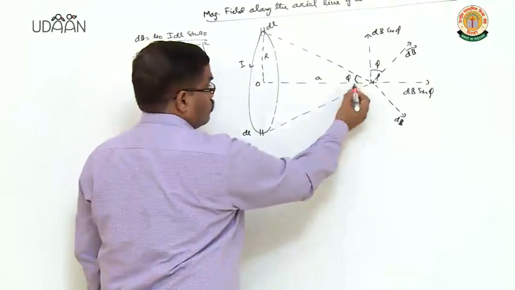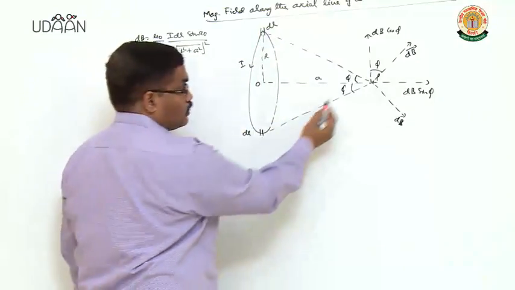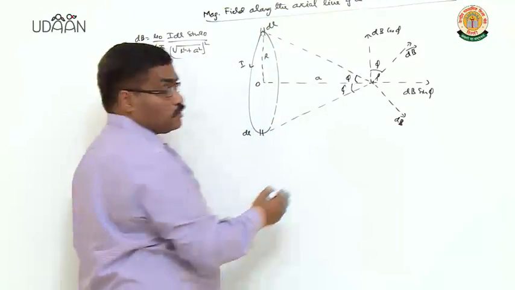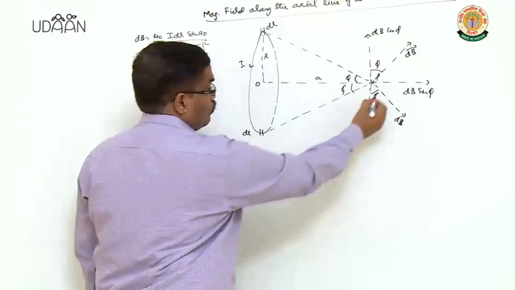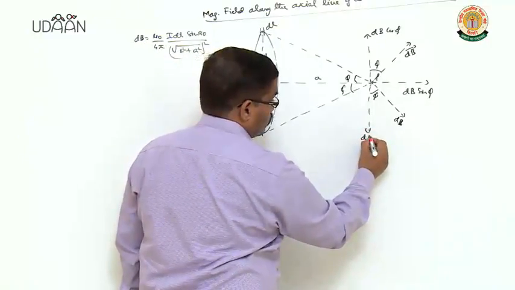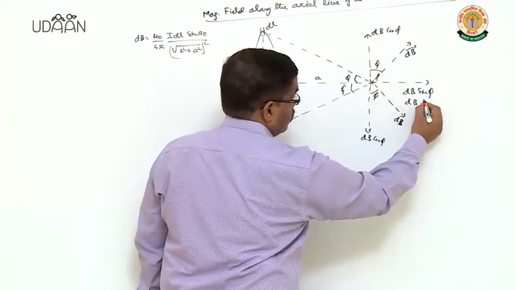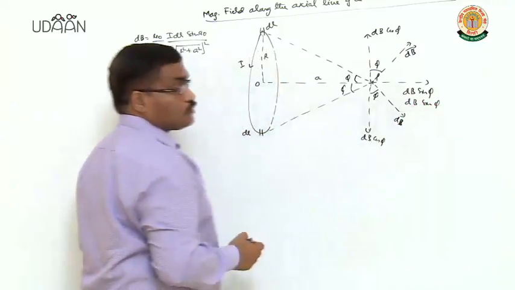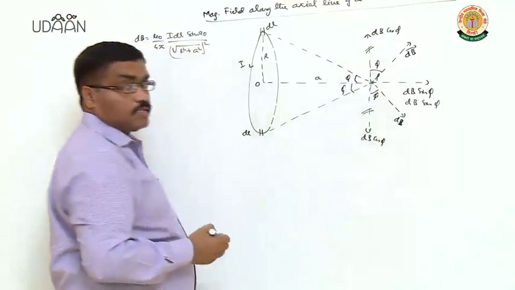Now if this angle is phi, since I have taken the diametrically opposite element, this angle will also be phi. If I resolve dB again into two components, I will have dB cos phi along one direction and dB sin phi along the other. Both the dB cos phi components will cancel off.